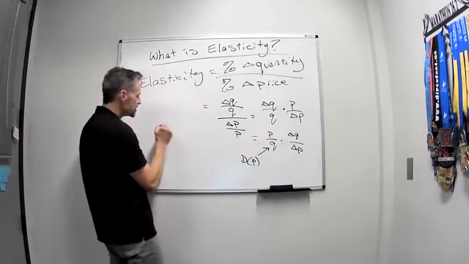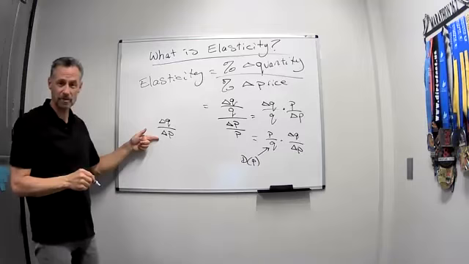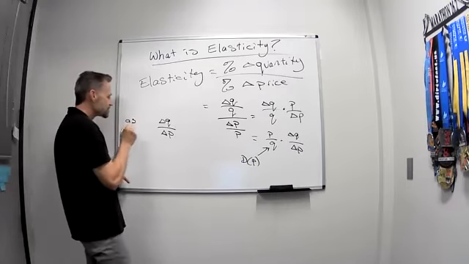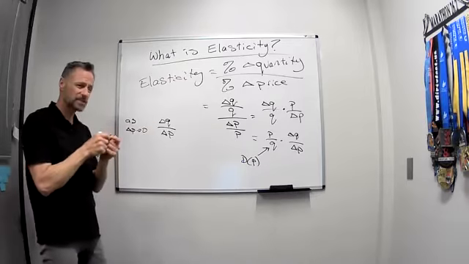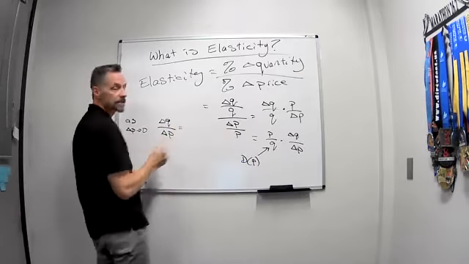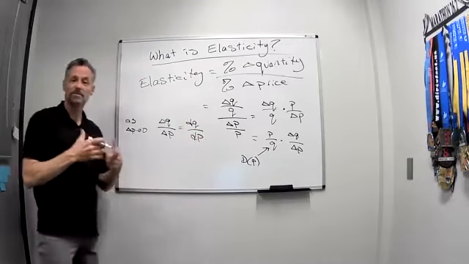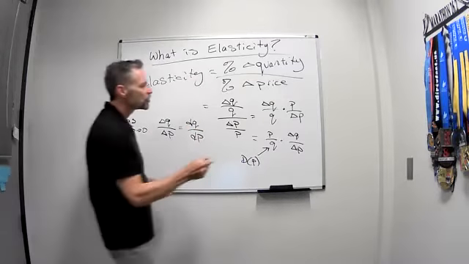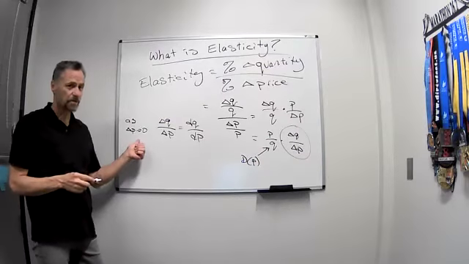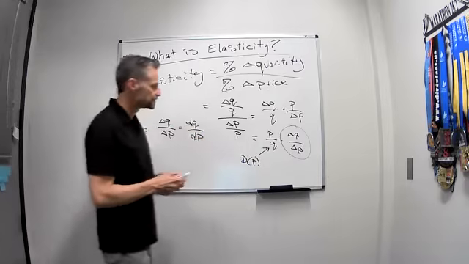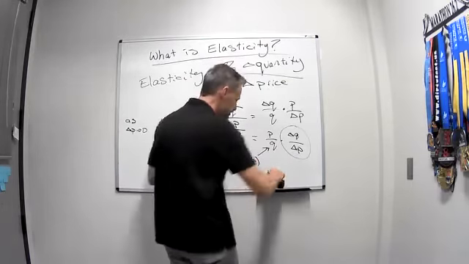In calculus, we know that this delta q over delta p, as delta p goes to 0, so when our change in price is getting smaller and smaller, this thing actually goes to dq/dp. It's actually the derivative.